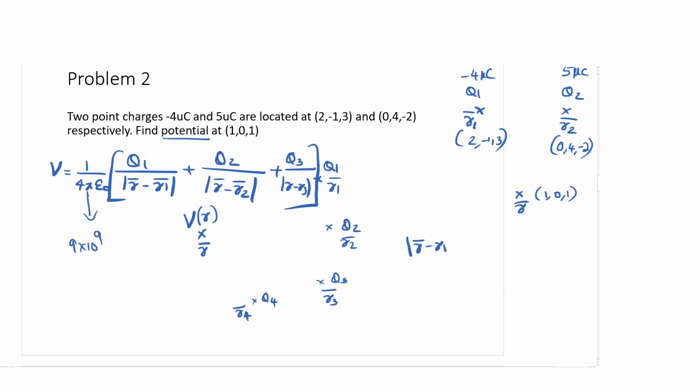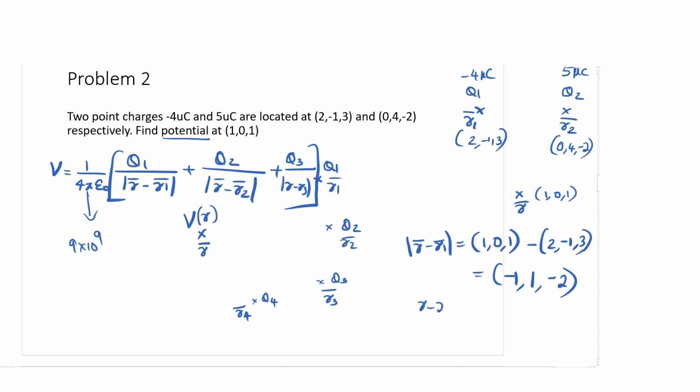Vector R minus R1 you can calculate separately, in coordinate form itself. The point (1, 0, 1) minus R1 (2, -1, 3): 1 minus 2 is -1, 0 minus -1 is plus 1, and 1 minus 3 is -2. You can do it like this.